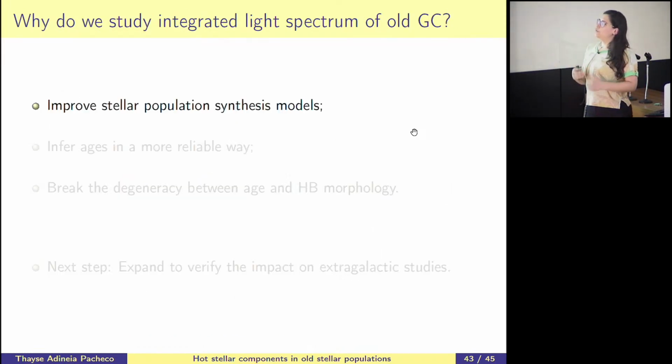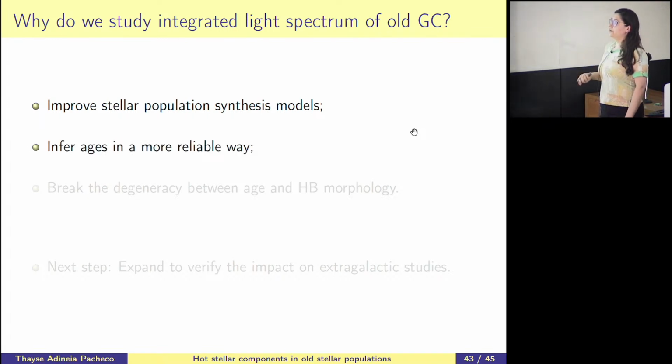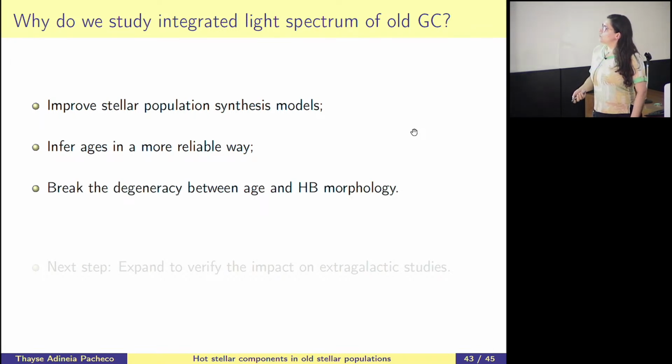So why do we study the integrated light spectrum of old globular clusters? With this, we can improve stellar population synthesis models. We can infer ages in a more reliable way. And we can also break the degeneracy between age and horizontal branch morphology.